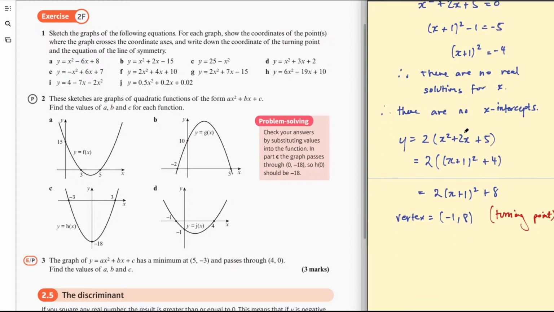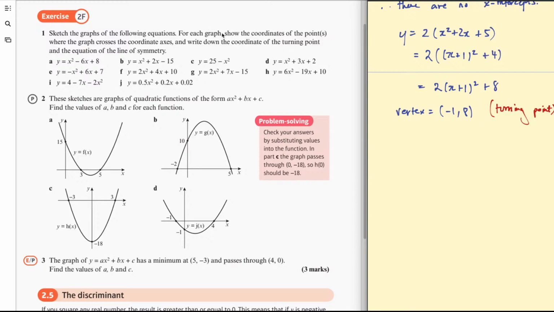And then I needed the equation of the line of symmetry. Remember, this is always just x equal to the x value of the turning point, so x equals -1. It's the line going through the turning point.